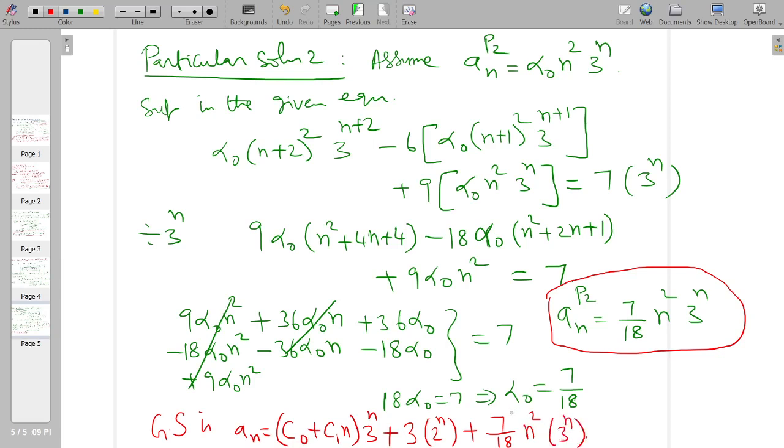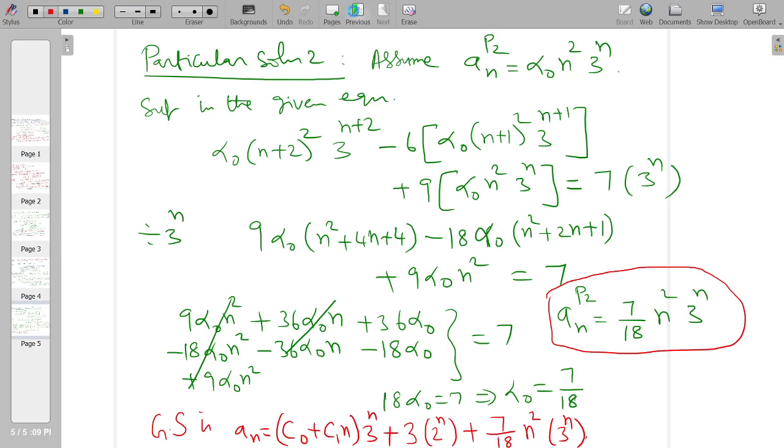This would be the general solution to the given recurrence relation.